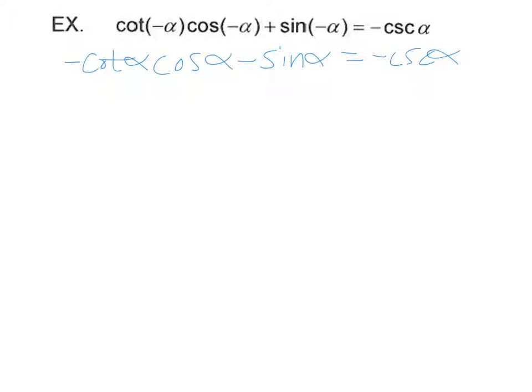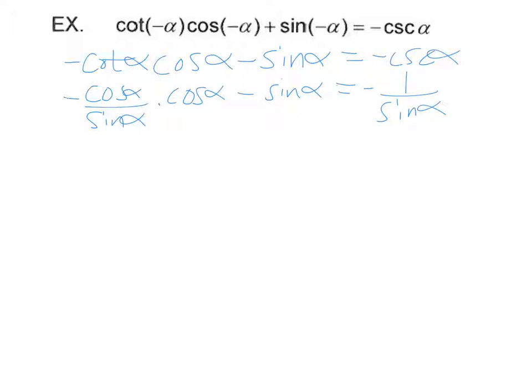Now I've handled that. I can change everything to sines and cosines. I've got negative cotangent is cosine over sine. Already a cosine, leave it alone. And then cosecant is 1 over sine. Multiplying the two fractions, I have negative cosine squared over sine minus sine equals negative 1 over sine.